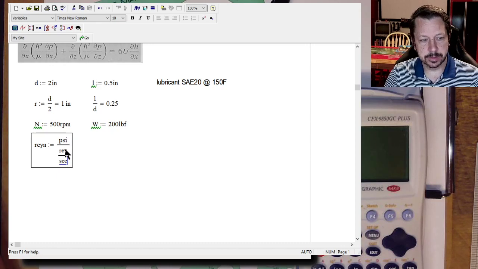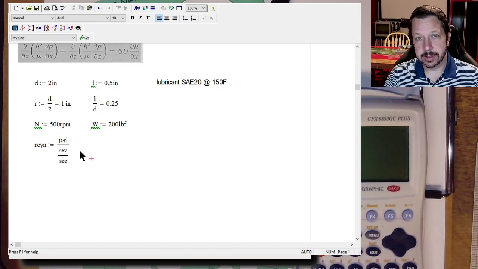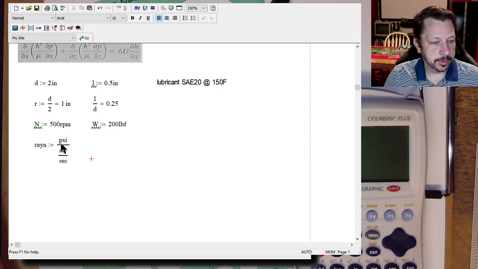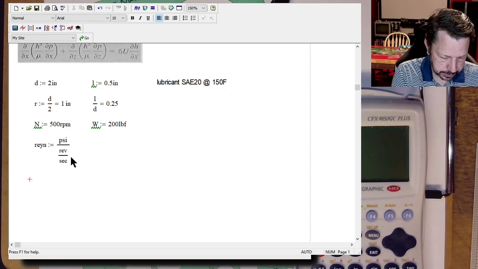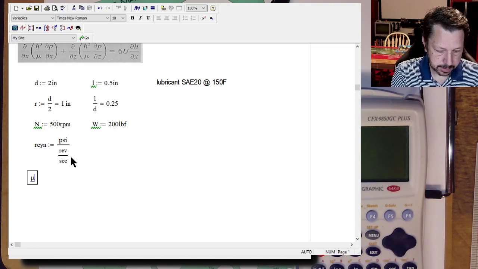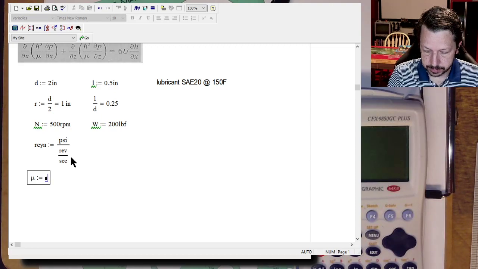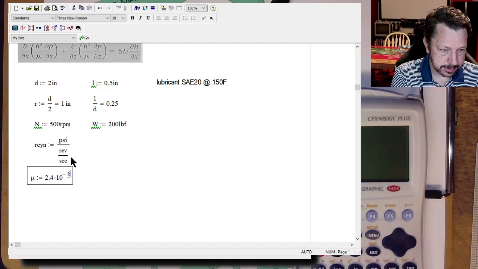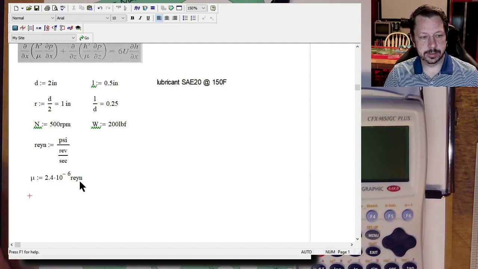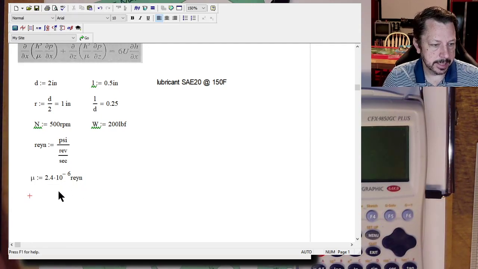Mathcad does know all of those units, so I can just define a new unit for Reyn here. And then our viscosity from the chart that we just looked at was 2.4 times 10 to the negative 6th Reyn. All right, so now we've got Reyn as a unit in our Mathcad sheet.